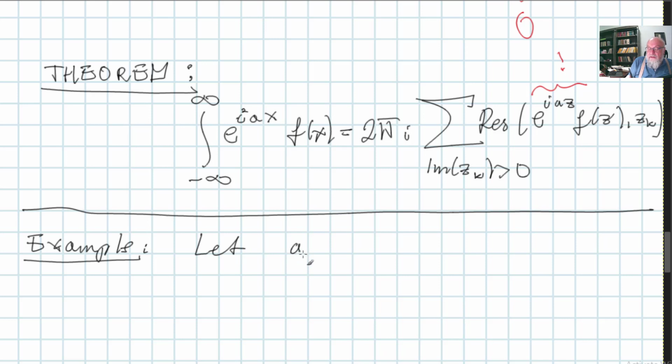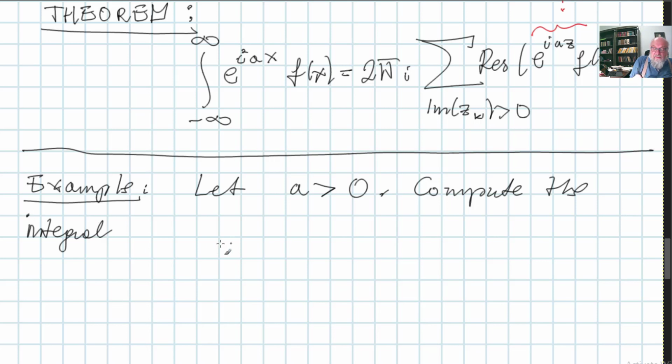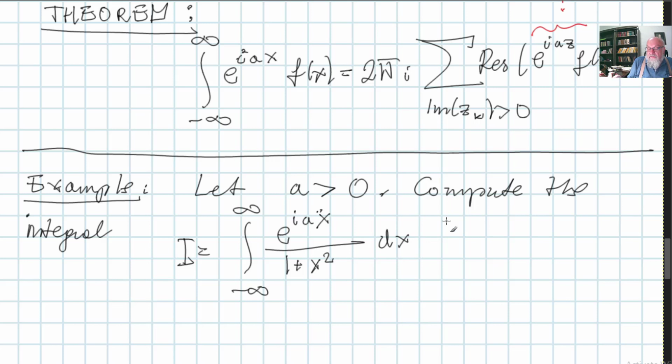So let a be larger than 0, compute the integral, and our integral is simply the integral from minus infinity to infinity of e to the i a x divided by 1 plus x squared dx.